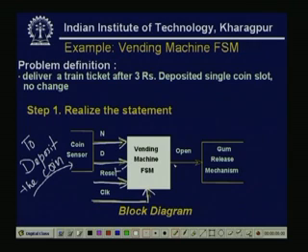Then open means it generates an output, that means it will release or deliver a ticket.